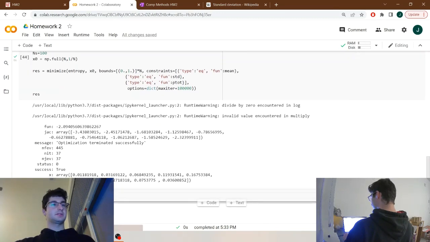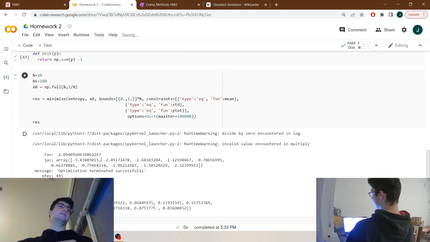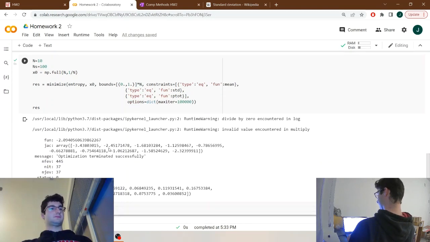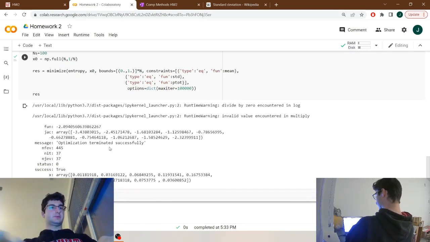Okay, so now we're going to plot this so we can see a general shape of what it's going to look like.